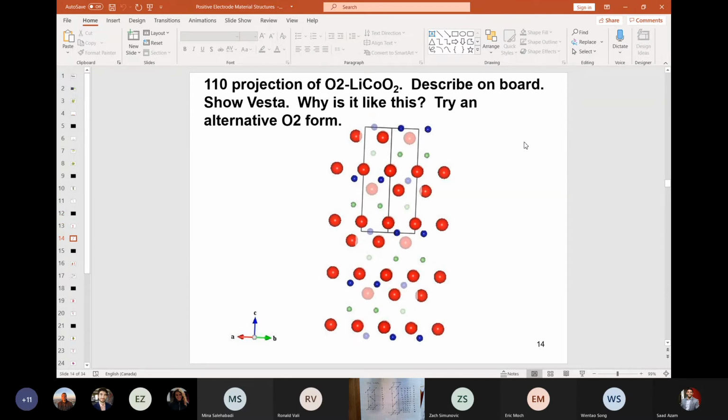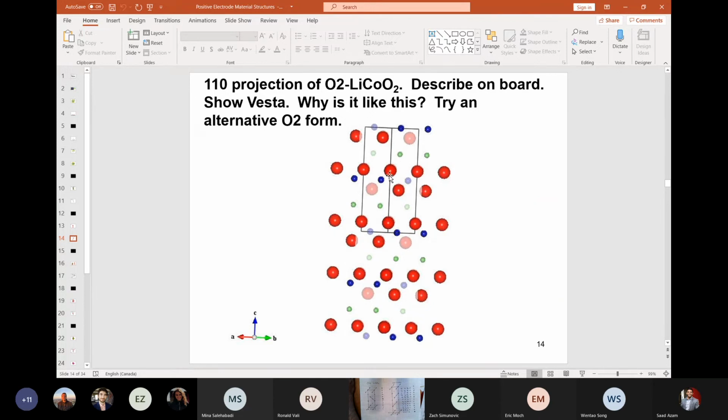If you try to draw another O2 structure that does not have this intermediate layer with the layers, if you like, in the opposite direction, you can't do it.